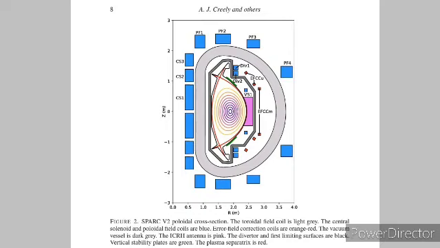The iterations of the SPARC design that led to V2 incorporated a wide variety of engineering analysis, as the toroidal field coils are perhaps the most novel aspect of the SPARC design. Considerable effort has been dedicated to their structural, thermal, and electromagnetic analysis.